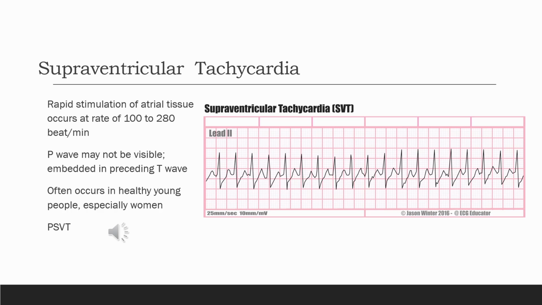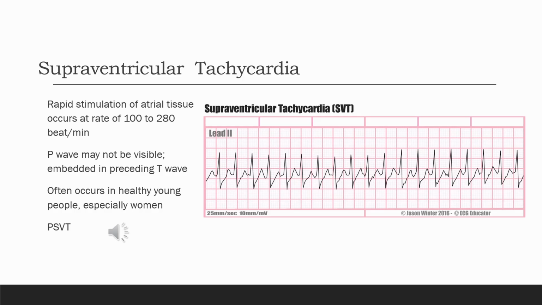So now let's talk about our clinical symptoms. What are we going to see in these patients? Because the heart rate is beating so fast and it doesn't have time to fill up properly, we start to see decreased cardiac output. With this, we see our patients reporting a fluttering or feeling they have a racing heart rate. They have palpitations, shortness of breath, and they can have chest pain.